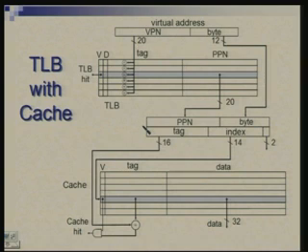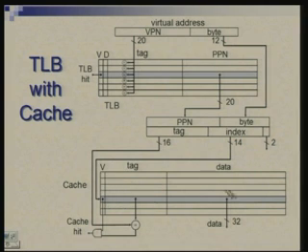Now, this physical address would be reinterpreted from the point of view of cache access, where we divide it differently into fields: a tag field, an index field, and the number of bytes within a block. With the index field you access the cache. What is shown here is a direct mapped cache, but other organizations are also possible.